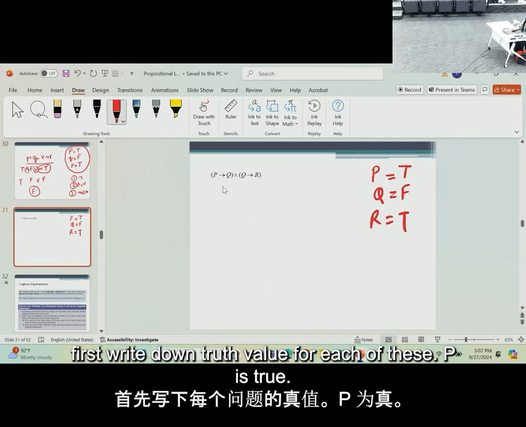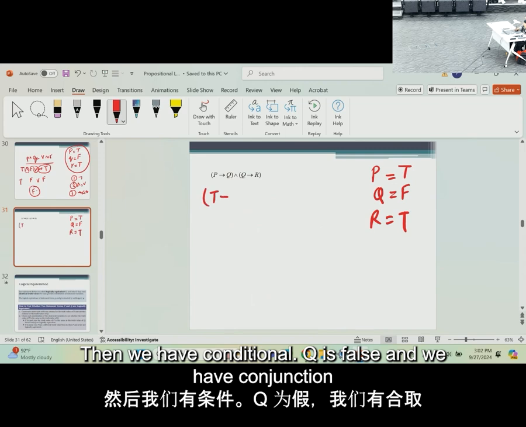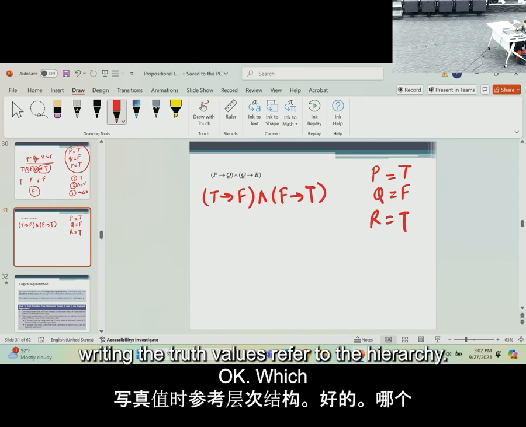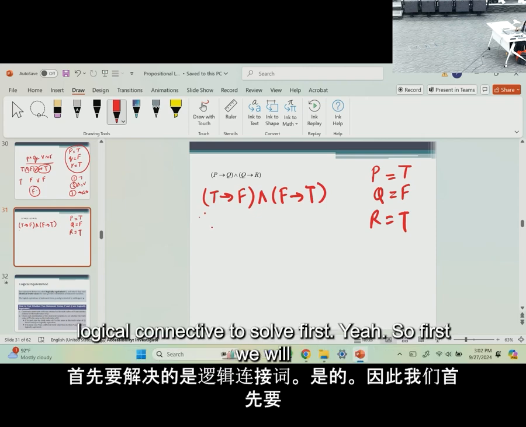So first write down the truth value for each of these. P is true, then we have conditional, Q is false, then we have conjunction, and then Q is false and R is true. Now after writing the truth values, refer to the hierarchy. Which logical connective to solve first?